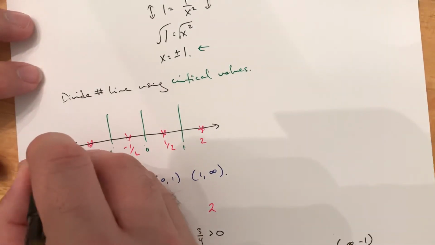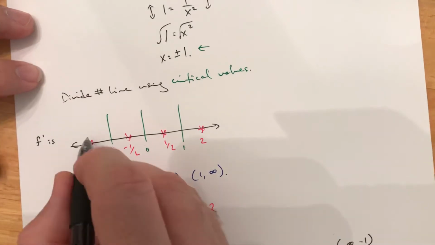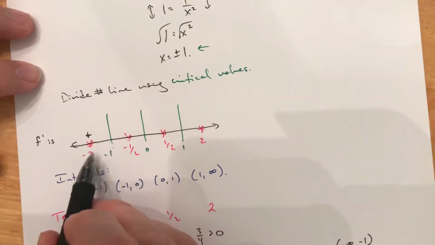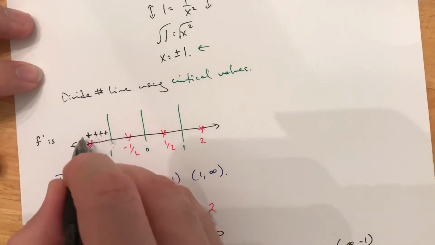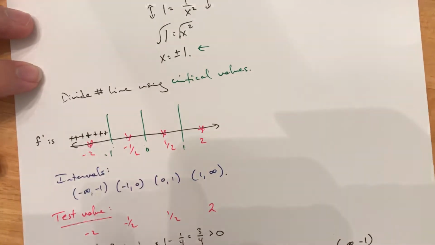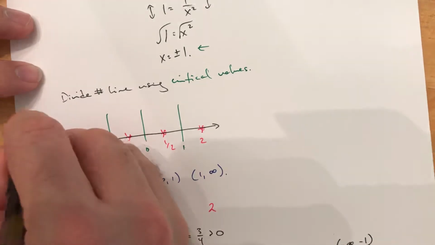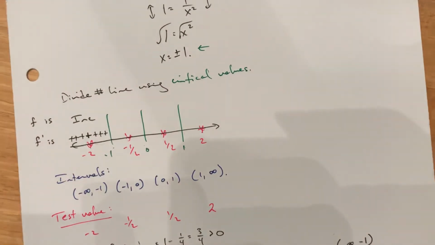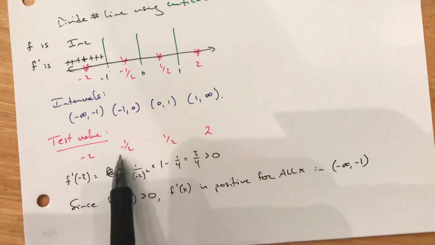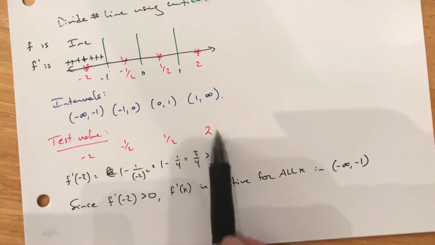F prime is positive when x is negative 2, which means it's going to stay positive throughout this interval, and f is increasing on that interval. We're going to do the same kind of thing for each of the other three test values.